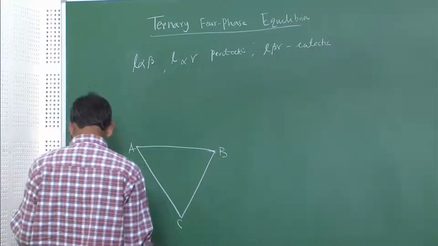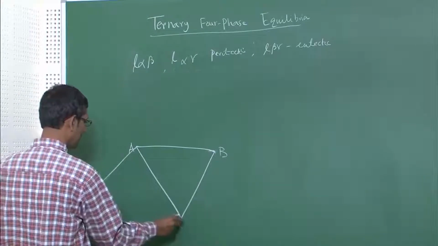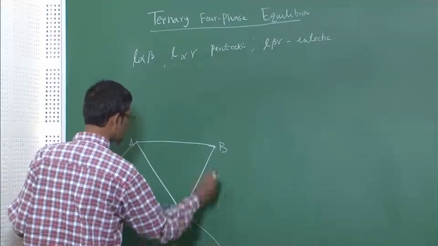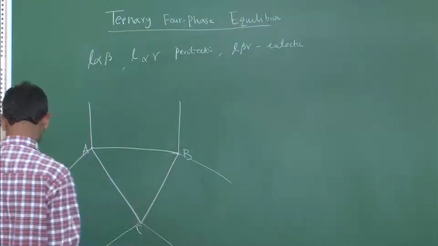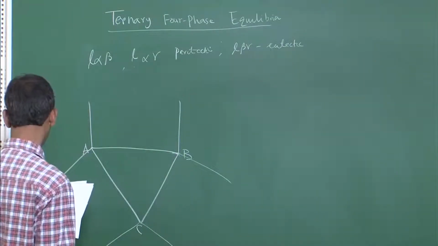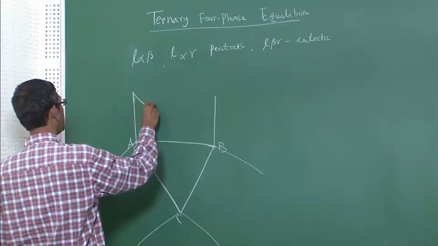So, between A and B, you have a peritectic reaction. What is that? That is very simple.